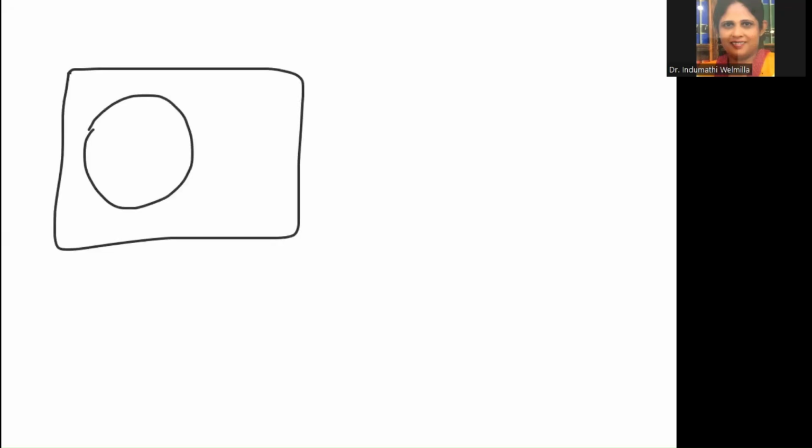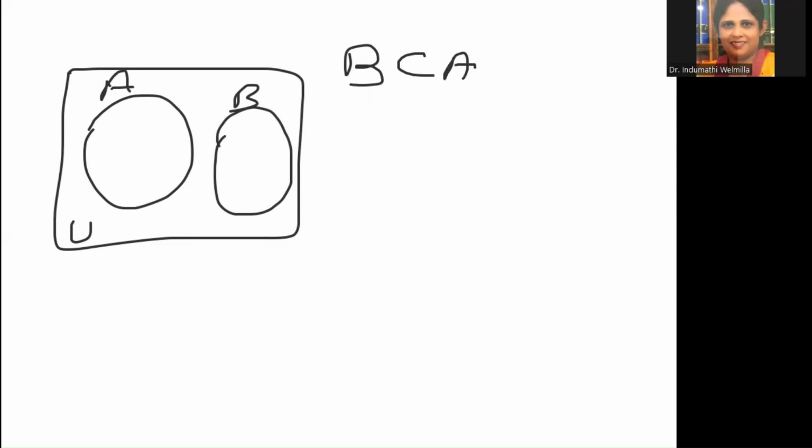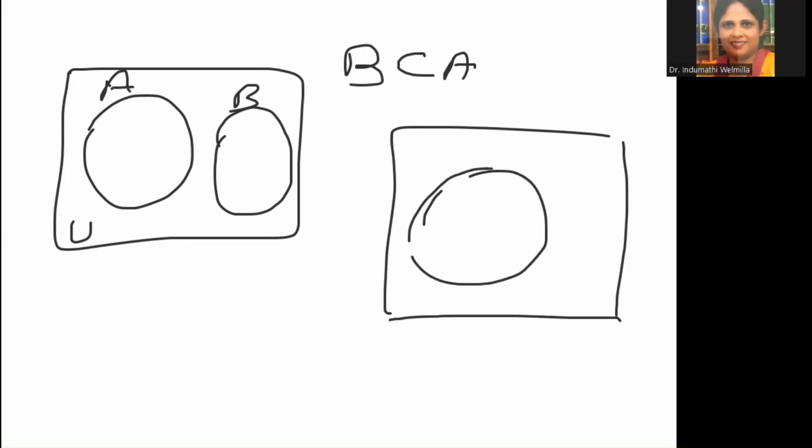A and B disjoint sets: if A and B are disjoint sets, when there is no intersection, you have to show your two sets like this. And if B is a subset of A, how can you represent that in your Venn diagram?